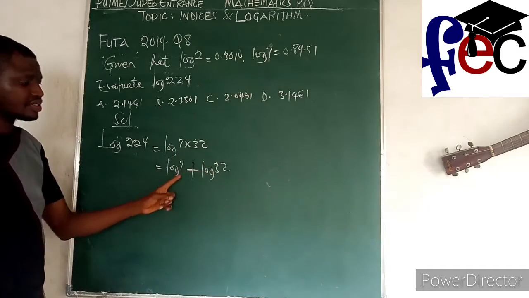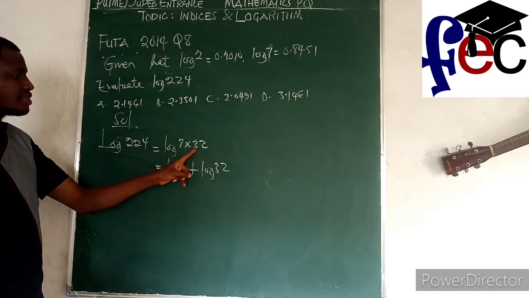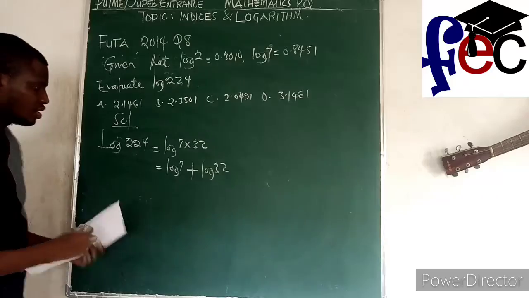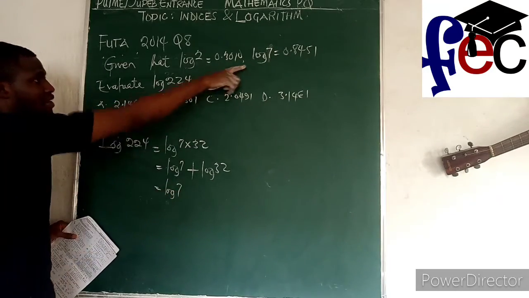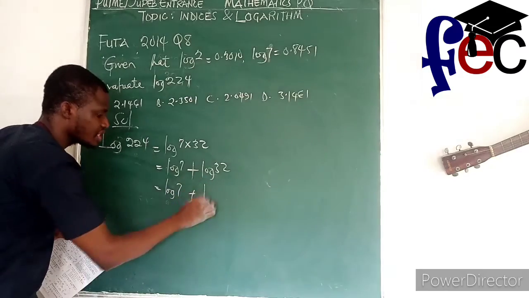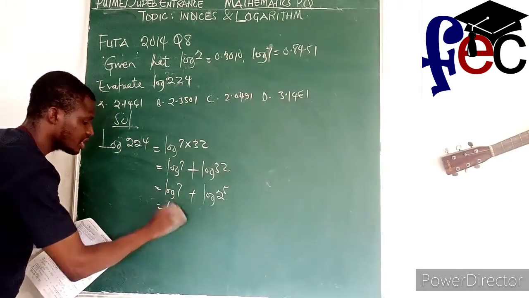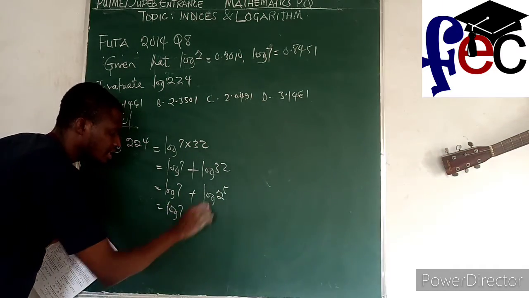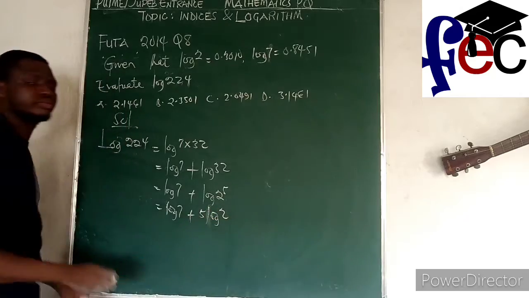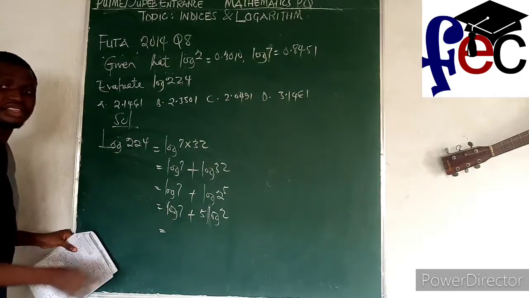That's what gave me this, because 7 times 2 is 14, 4 carry 1, 7 times 3 is 21 plus 1, 22. So now I can write log 7, then plus log 32, which is the same thing as log 2 raised to power 5. So this is the same thing as log 7 plus, this 5 can come behind, then you have 5 log 2 from the law of logarithm, so that I can now insert the values.